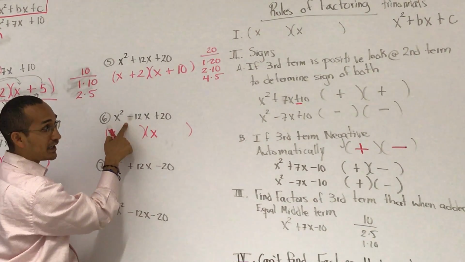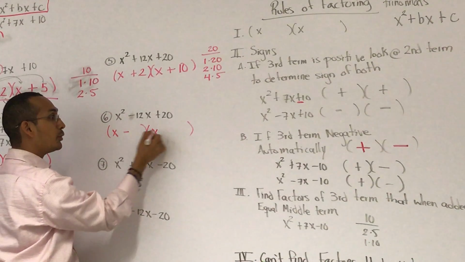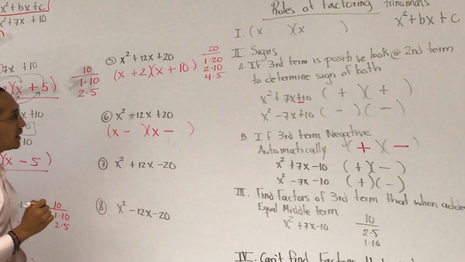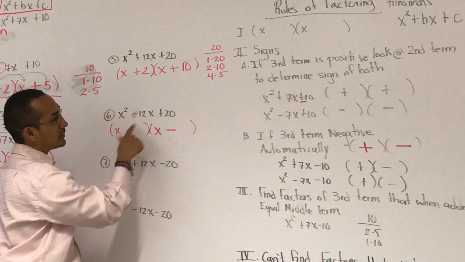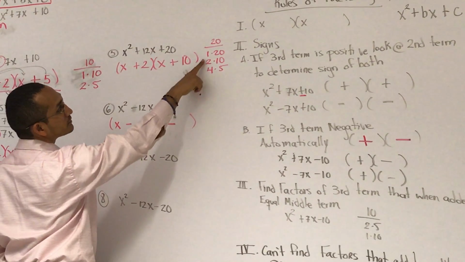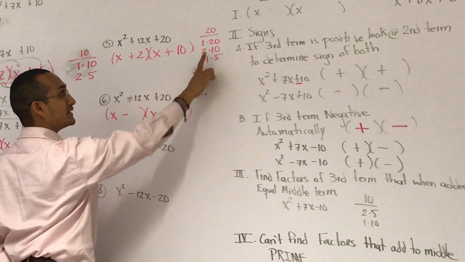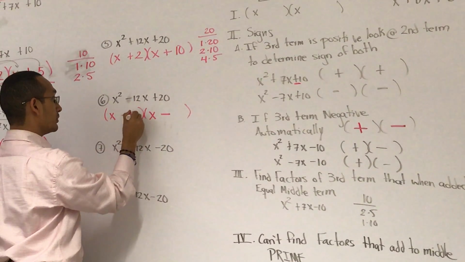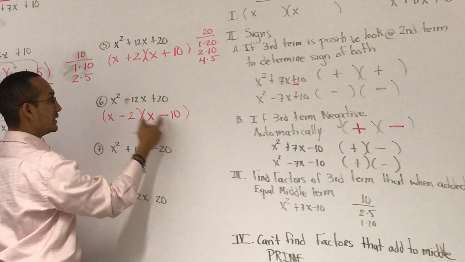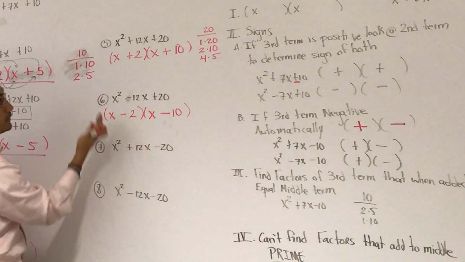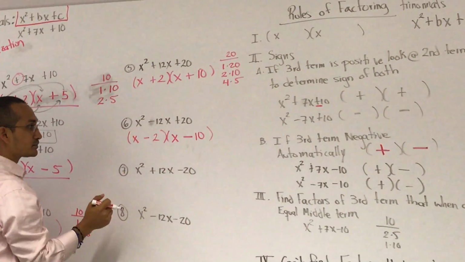In this case, it's negative. So both will be negative. The factors of 20, when added, give you negative 12. Which of these? 4 and 5? No. Minus 2 minus 10 gives you negative 12. So 2 and 10 gives you negative 12. So you have an answer for that one. You have an answer for this one.